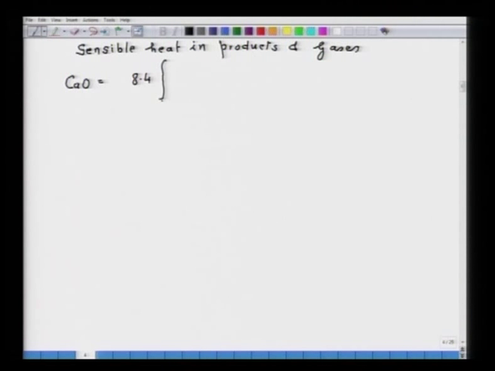Let me integrate from 298 to 1173 Kelvin, 49.662 plus 4.519 into 10 to the power minus 3 T minus 6.945 into 10 to the power 5 upon T square.